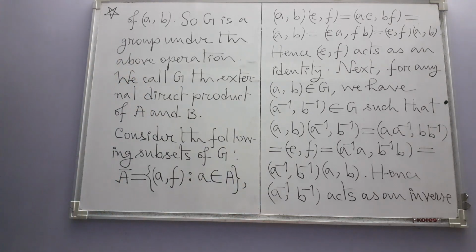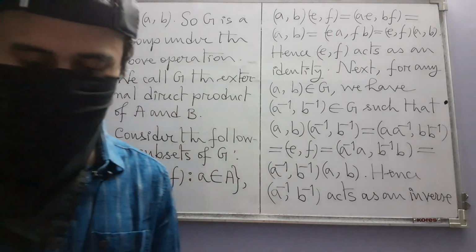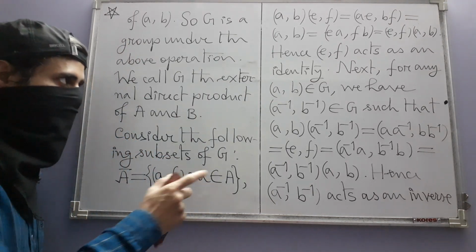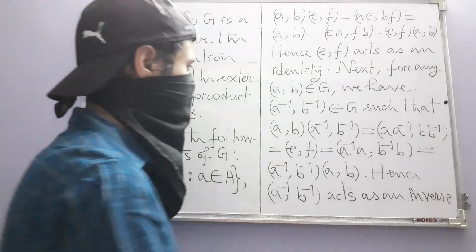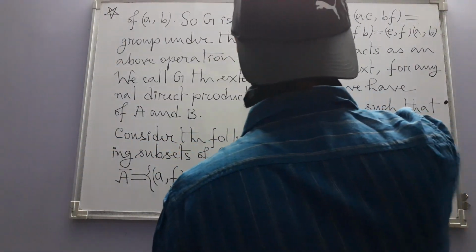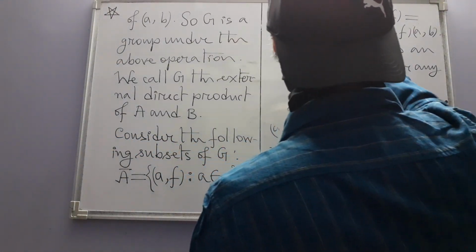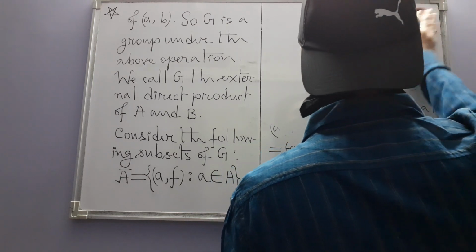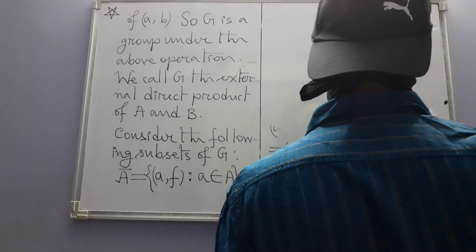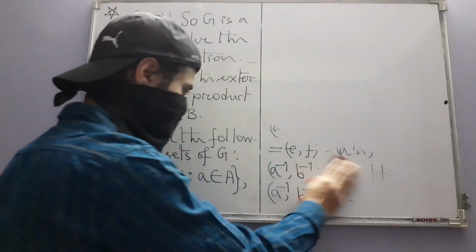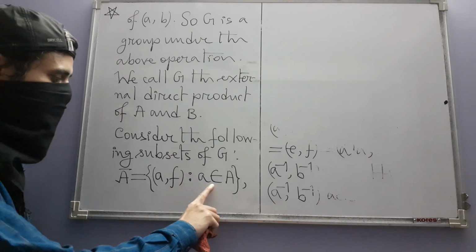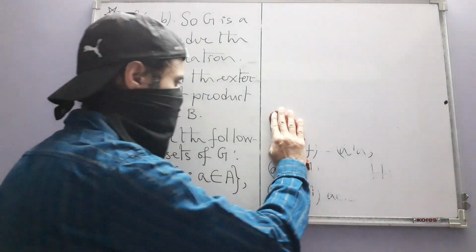This is one subset and another one is such. Do not forget that this F is the identity element in the group B. That means we are considering those ordered pairs where the second coordinate is consistently the identity element in B. That is not changing, but we are changing the first coordinate and taking it to be any element in A.